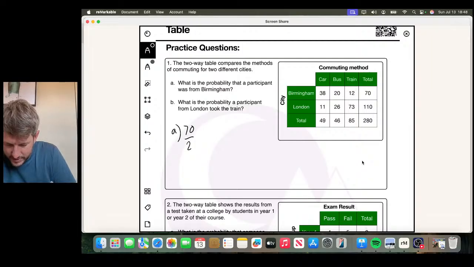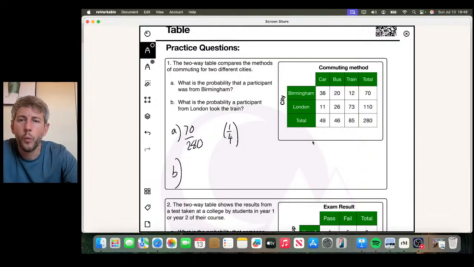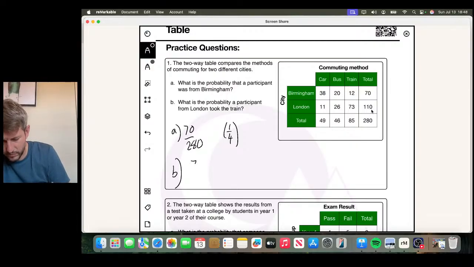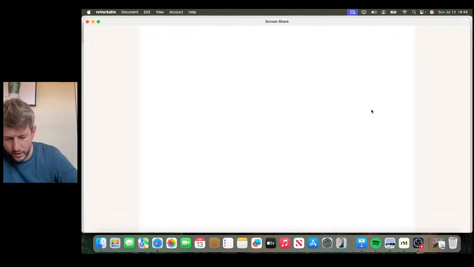So I will just leave it like that, but I will put in brackets that is a quarter. And then B, what is the probability a participant from London took the train? We're looking at just the Londoners, so that would be 73 out of 110. Okay, question 2.